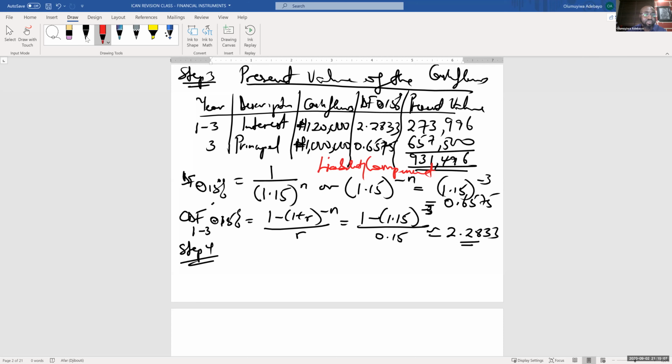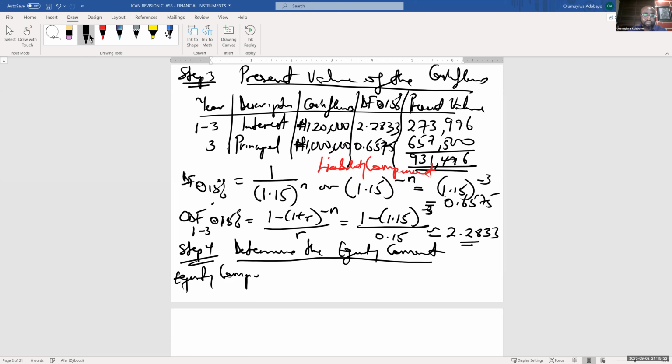Now, step 4 is for us to determine the equity component. And the equity component is the difference between the face value minus the liability component.